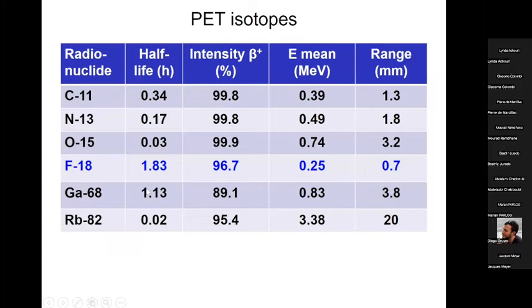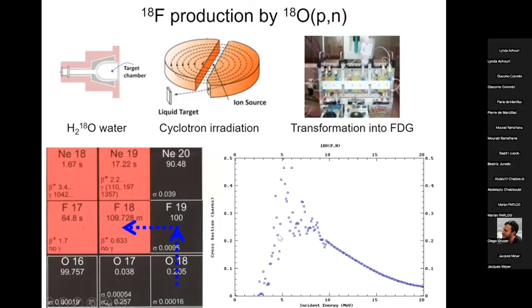Now the most used is fluorine-18, which has a reasonable half-life, high positron emission intensity, and low energy, which means a short range, high intrinsic resolution. You produce this with cyclotrons. There are more than 1,300 worldwide which are doing this every day, normally by irradiating oxygen-18 targets, p,n reaction, and chemical separation and transformation into the compound that is used.